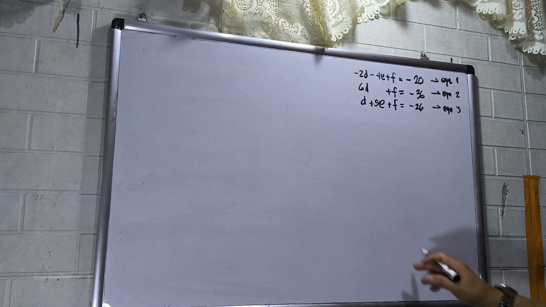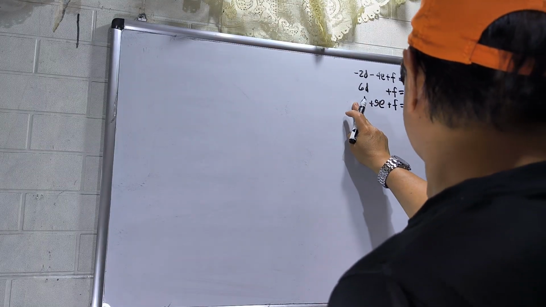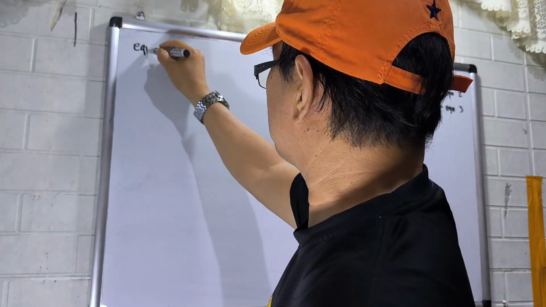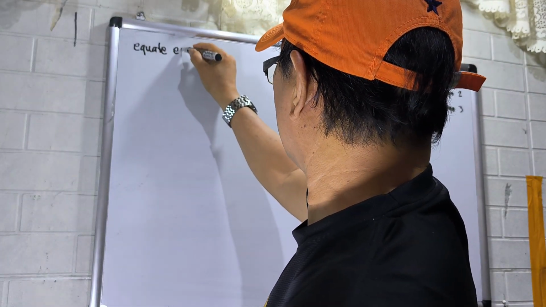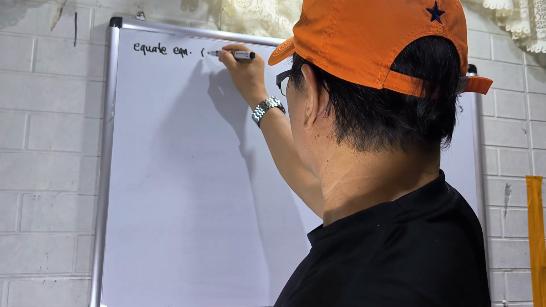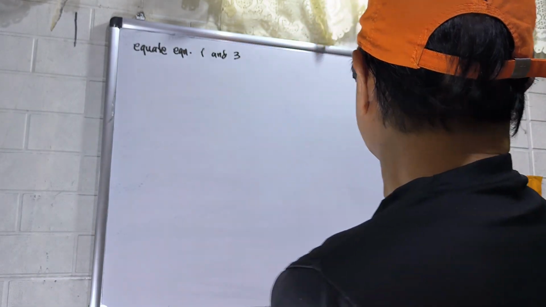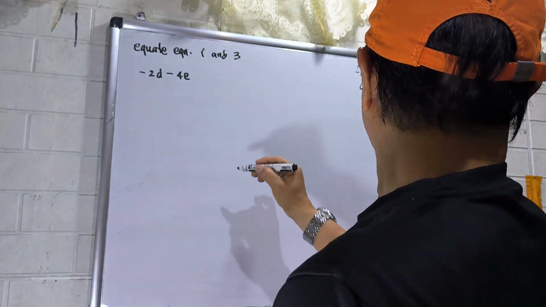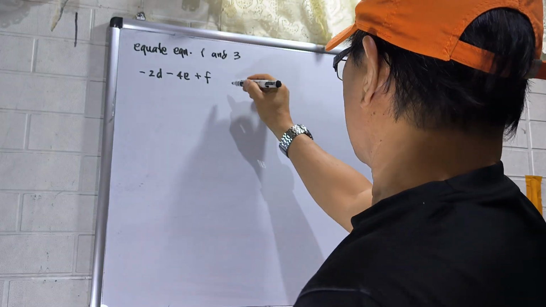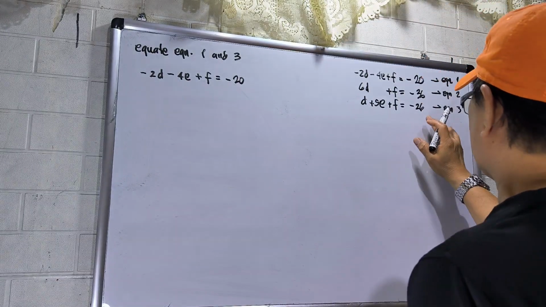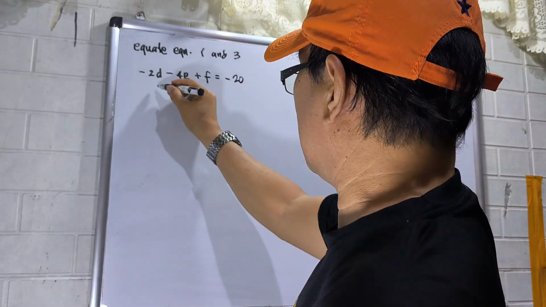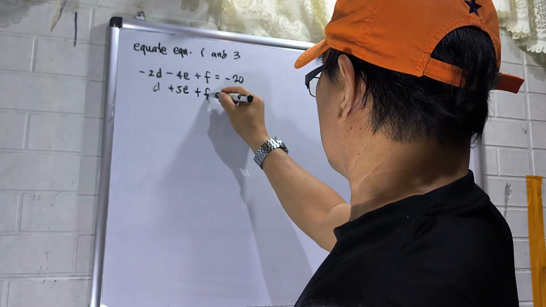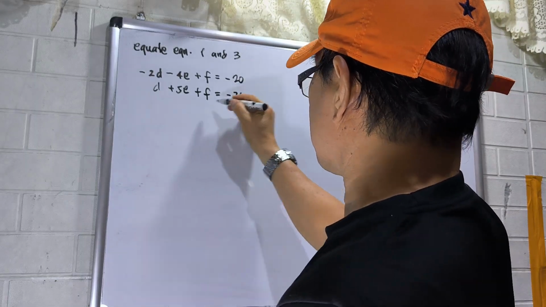Okay, so equate equation 1 and 3 so that we can come up with an equation, same with equation 2. So negative 2d minus 4e then plus f is equal to negative 20, and then the third equation is d plus 5e plus f is equal to negative 26.